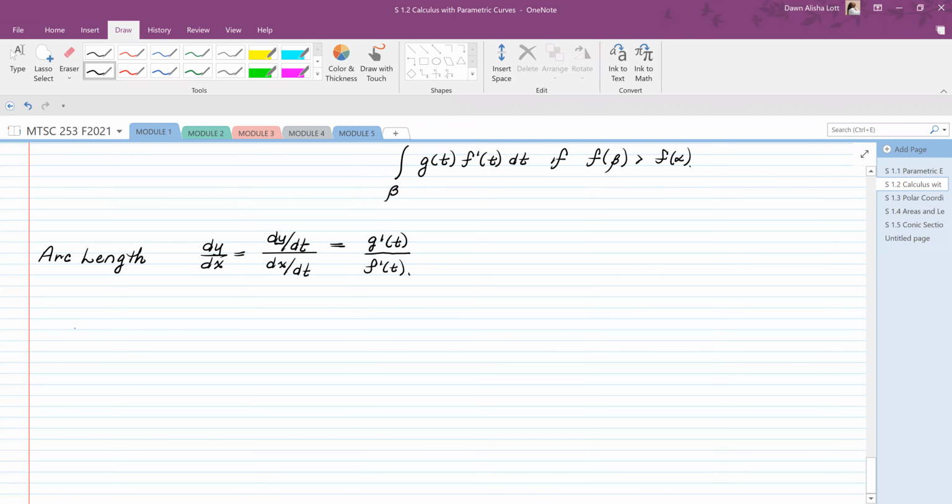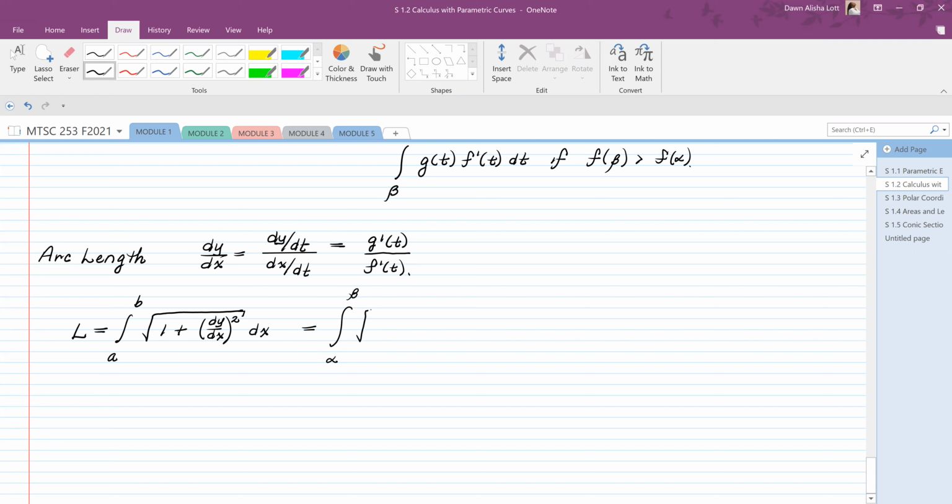So my arc length L is the integral from a to b of the square root of 1 plus dy dx squared dx. So in the place of that, I'm going to change this to alpha and beta.